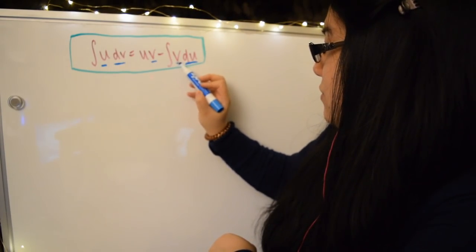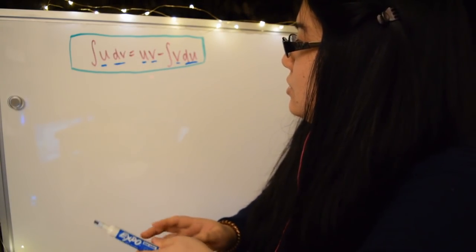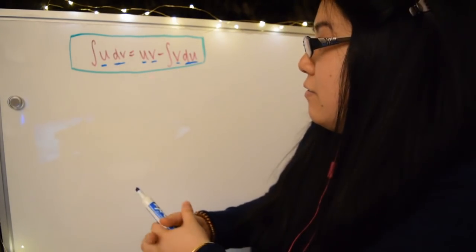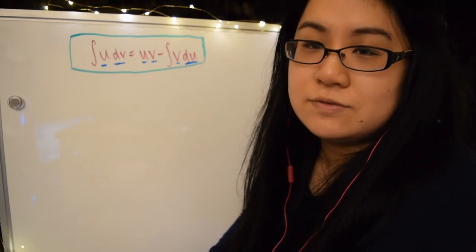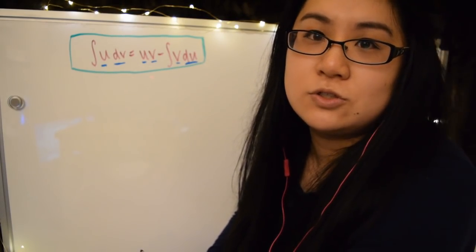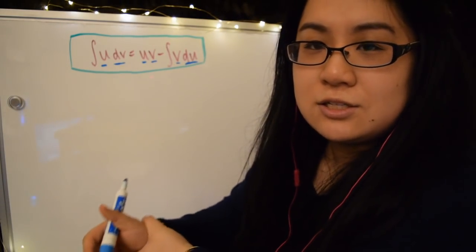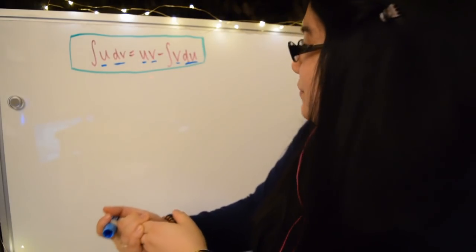So v and dv is the derivative of v, or you can think of v as the integral of dv, because we're talking about derivatives, right? So to go from u to du, I take the derivative. From dv to v, I take the integral.